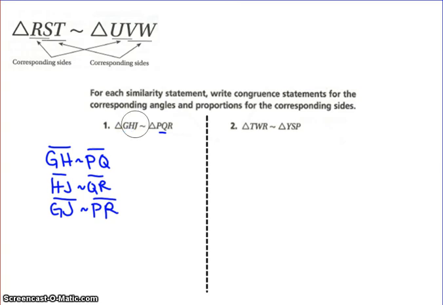Now, we know that angle G and angle P are corresponding angles. We also know they are actually congruent. Remember that dilation preserves angle measure? So if I have a similar figure, the angle measures should be the same. Okay, so only the angles are congruent, but the sides are similar.